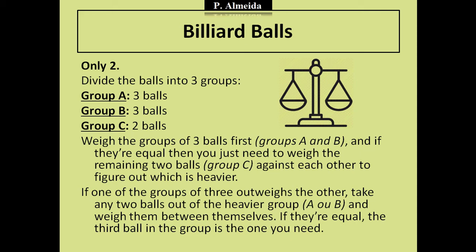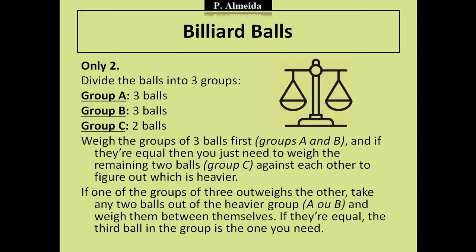The other possibility, you still only need to do 2 weighings: if one of the groups, between A and B, the ones that have the exact same number of balls, outweighs the other, then it means that either A or B has the heaviest ball. So then you take any 2 balls out of the heavier group. Imagine that Group A, for example, is the one showing the plate going lower down, so it has the heavier ball.